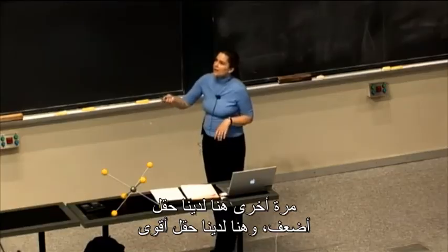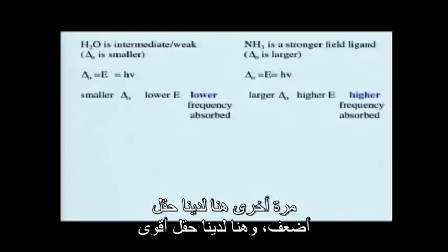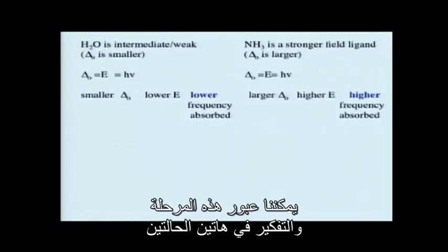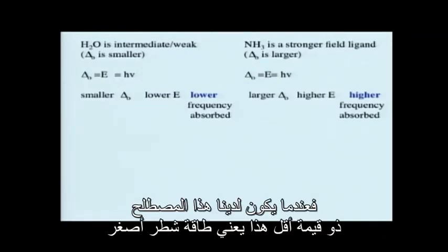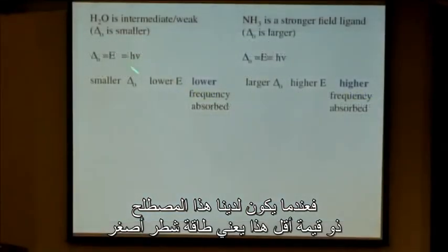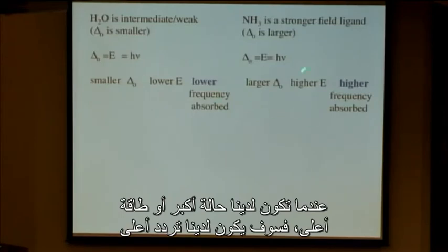So again, here we have a weaker field, and here we have a stronger field. So again, we can go through and think about these 2 cases. When we have a smaller term here, that means a lower energy. This is a splitting energy, and so we'll have a lower frequency. When we have a larger case or a higher energy, we have a higher frequency.